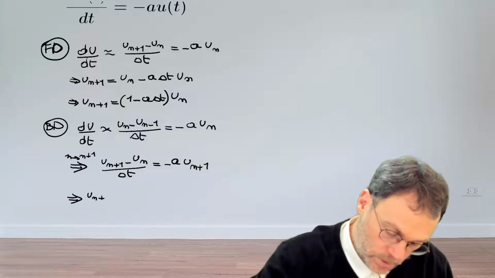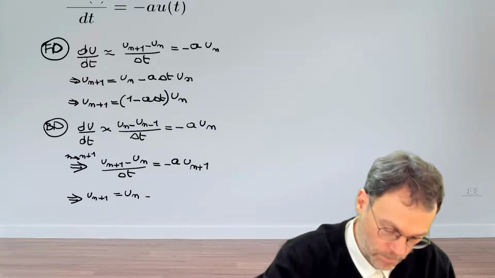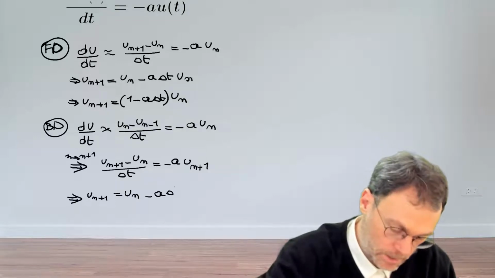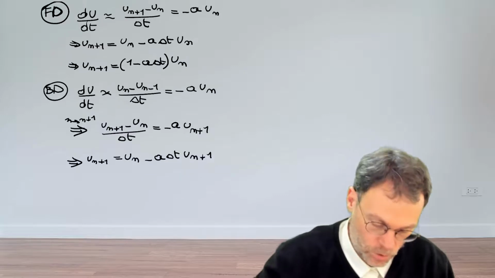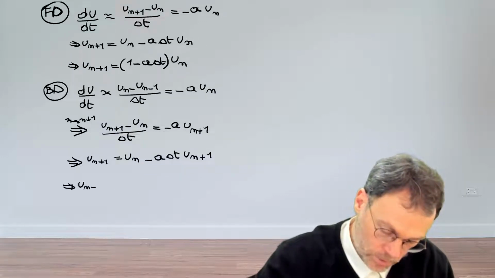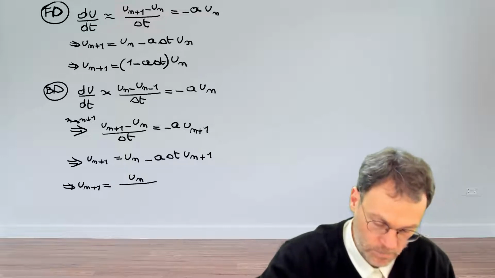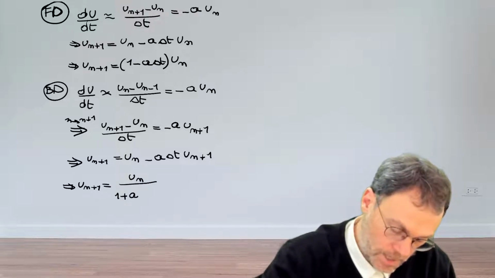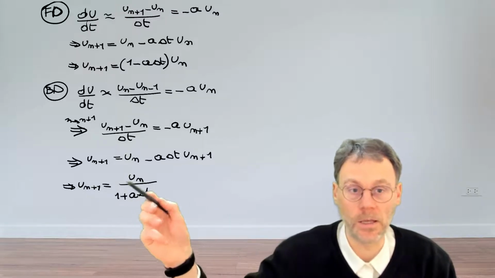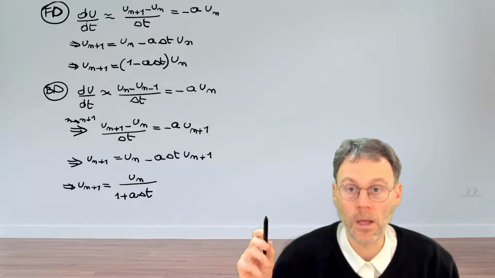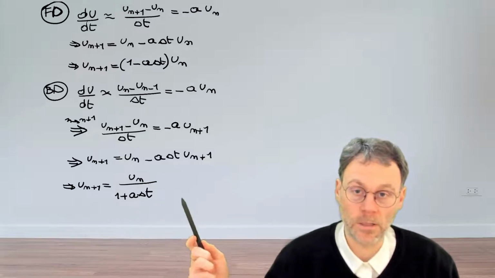So u^(n+1) is equal to u^n minus a delta t u^(n+1), or u^(n+1) is equal to u^n divided by (1 plus a delta t). So in this case, we have something in the denominator. Okay, so this is the scheme we have for the backward Euler method.